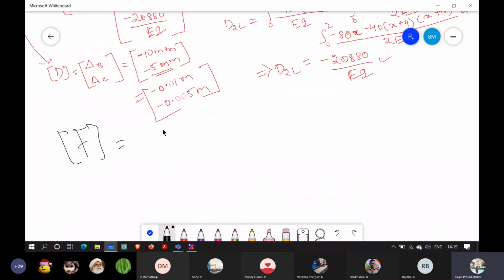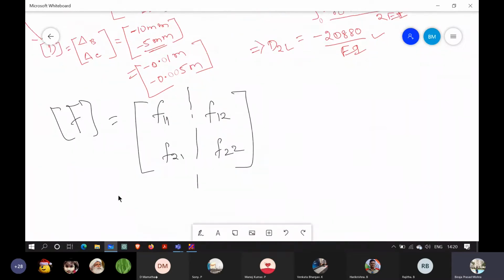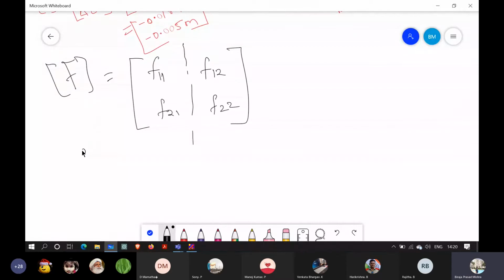Okay, so the flexibility matrix F equals F11, F12, F21, F22. F11 equals the summation of integration 0 to L of M1 into M1 into dx by EI.